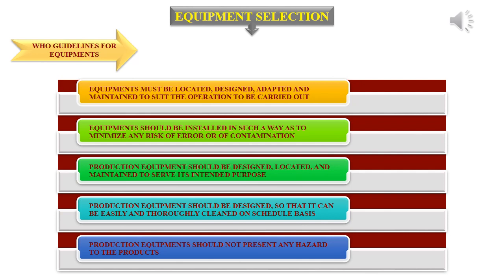Then production equipment should be designed, located and maintained to serve its intended purpose. Then production equipment should be designed so that it can be easily and thoroughly cleaned on a scheduled basis. Then production equipment should not present any hazard to the products. These are the WHO guidelines for equipments.